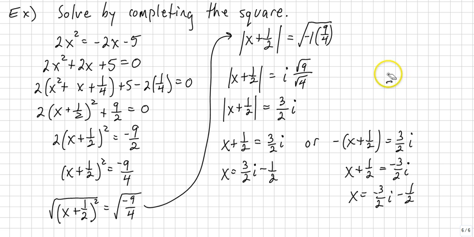I'm not going to have enough room there to write that. So let's see, it will be the set of all x such that x equals, so we can fit it in down here, negative 1/2 plus 3/2 i, and then also negative 1/2 minus 3/2 i.